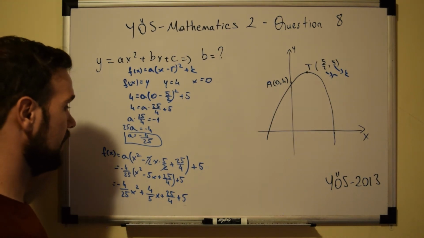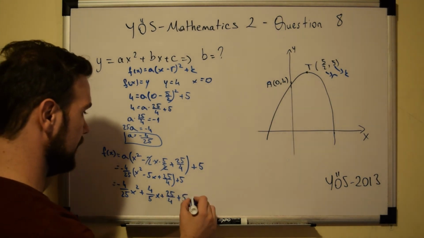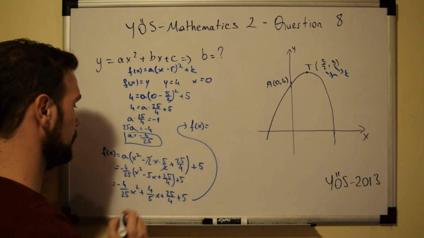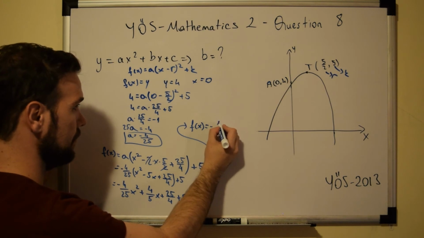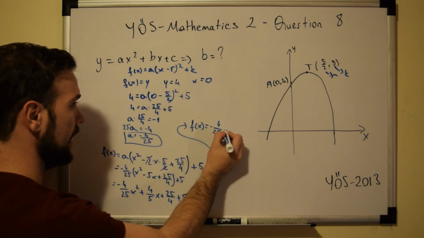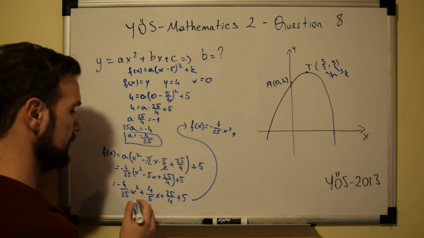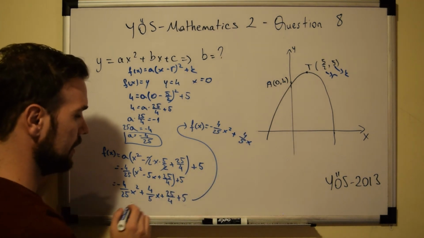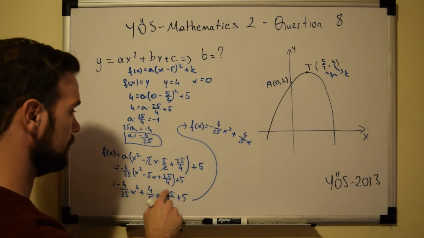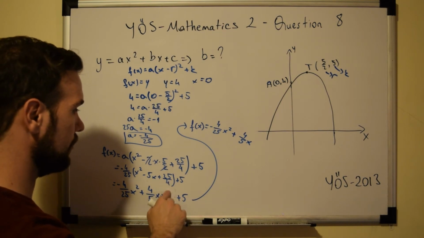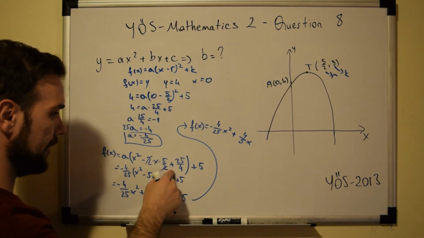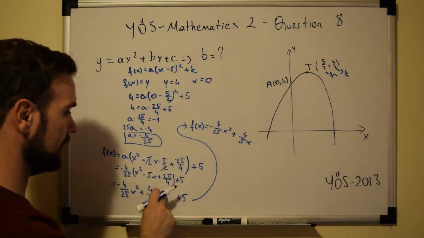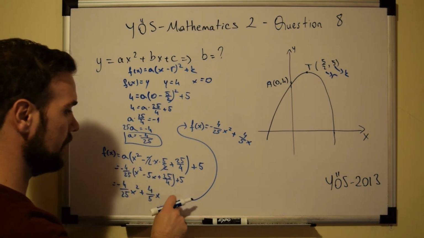So as you can see, now what do we have here? f(x) is equal to minus 4 over 25 x squared plus 4 over 5x, and in this case, instead of 25 over 4, they cancel each other, so the 25's cancel each other, the 4's cancel each other, and this is minus 1.